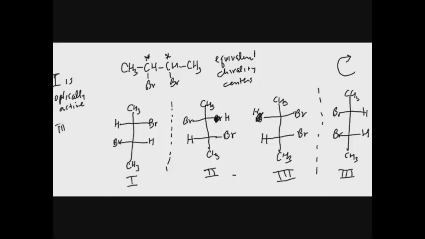Now remember, one definition of a chiral thing is that its mirror image is not superimposable. If the mirror image of something is superimposable, then it's achiral. 3 is achiral. Now if it's achiral, it's not optically active. So 3 is optically inactive.